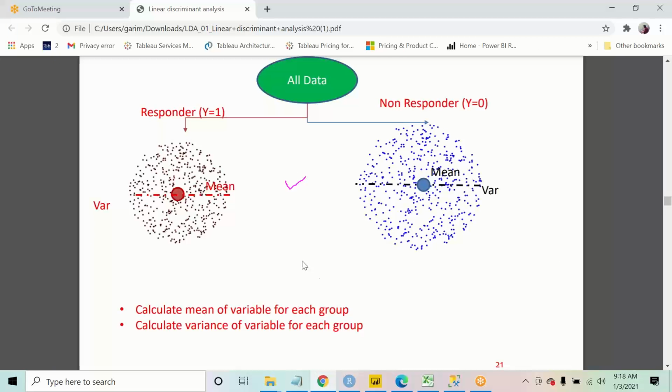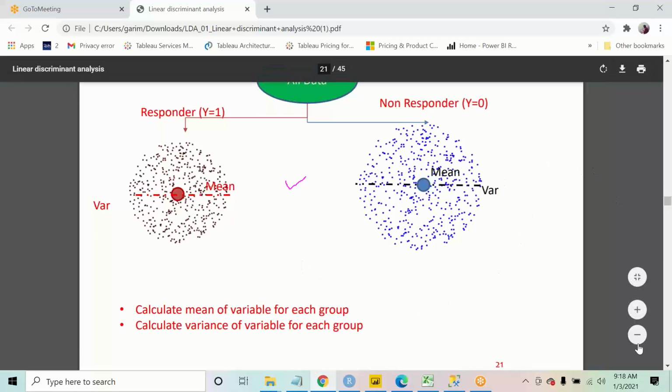So in the case of the Fisher's ratio, in order to identify the important variables, we calculate the mean and we calculate the variance of each group. Variance is how the data is distributed.